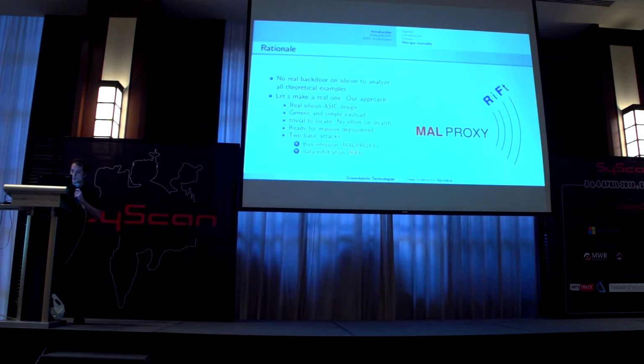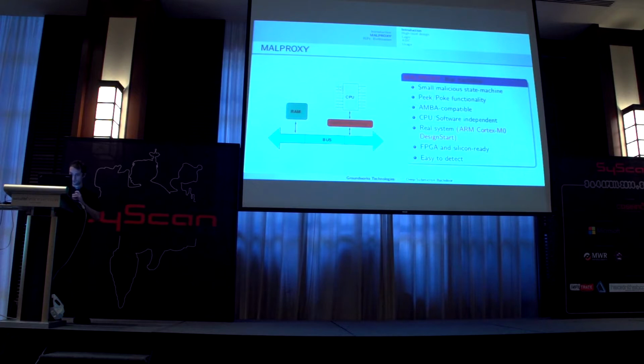I'm going to run a simulation for the malproxy because I don't have $1 million to fab it, but I'm going to show you the designs and the complete process, how it looks. And for the radio frequency rootkit or backdoor, I will try to do a demonstration with the FPGA that I have here. I hope it works. This is very, very difficult because radio frequency you can't trust. But let's see, maybe it works.